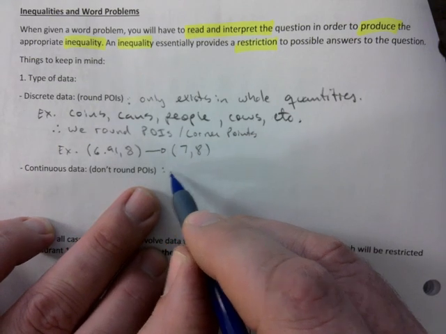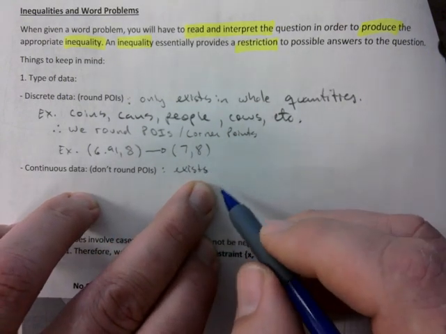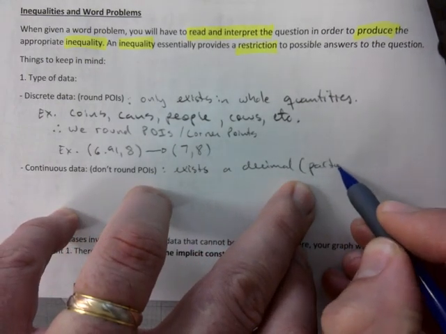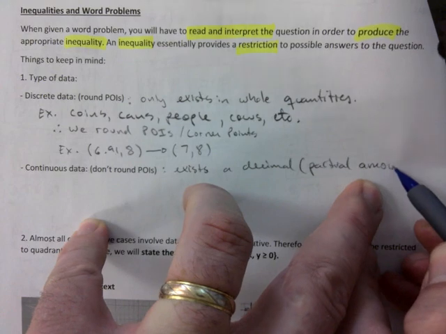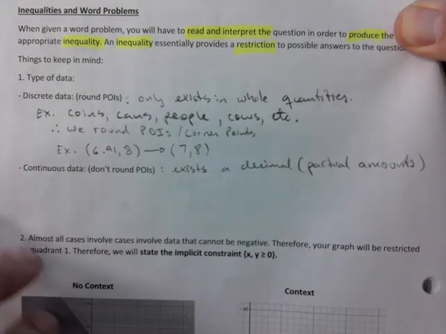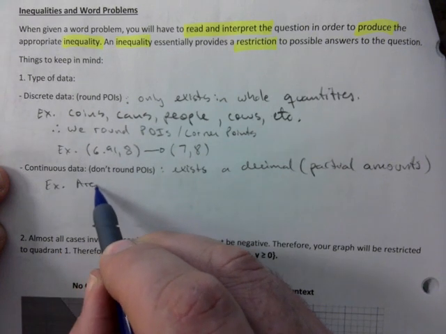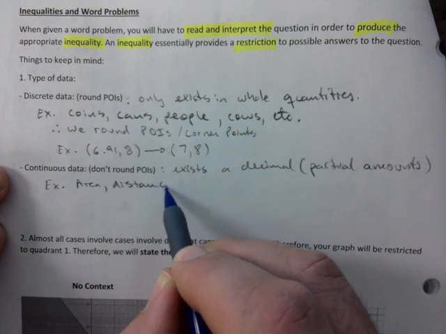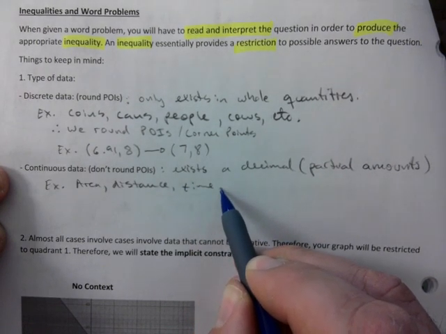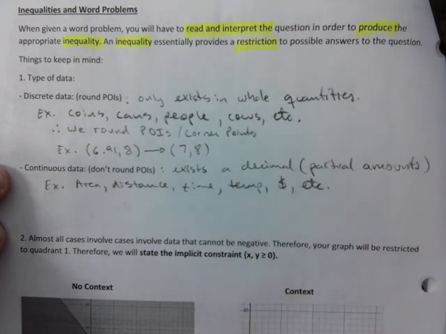Continuous exists as a decimal or partial amounts. Examples: area, distance, time, temperature, money, etc. Right?